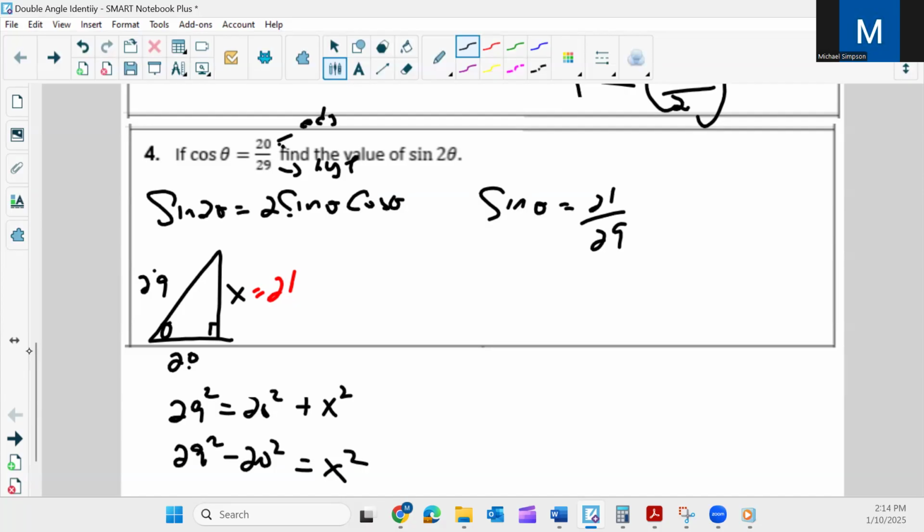All right, so now we have sine. Sine 2 theta is 2 times sine, which is 21 over 29, times the cosine, which is given, 20 over 29.